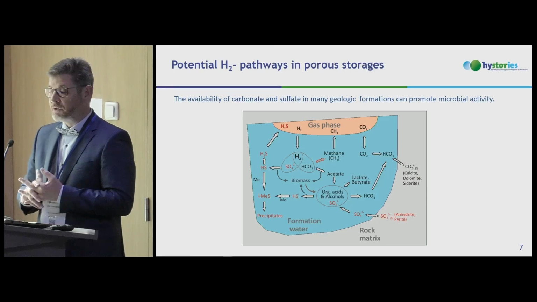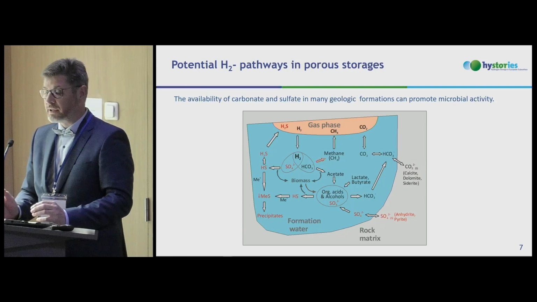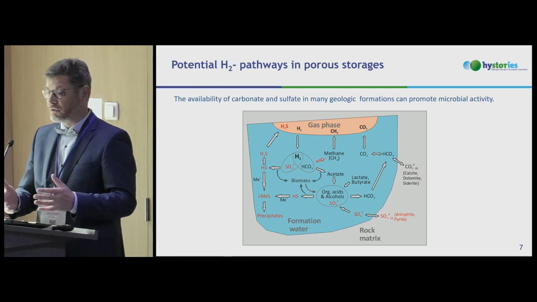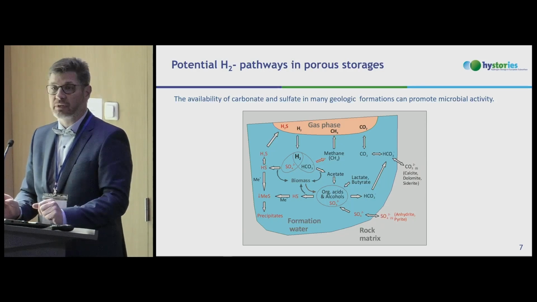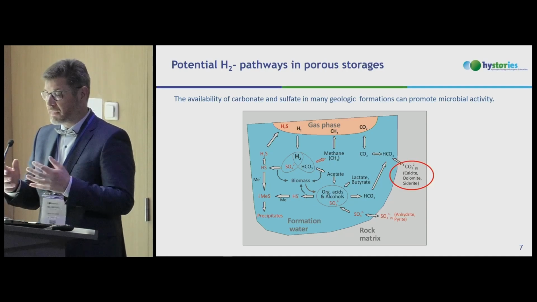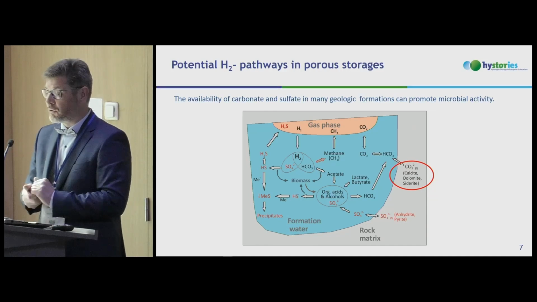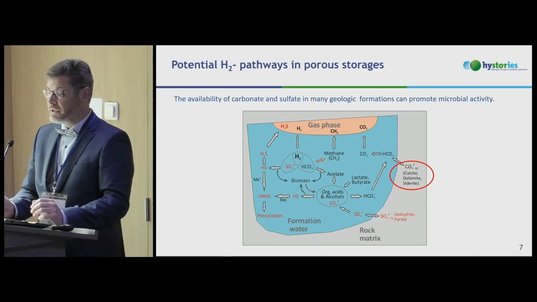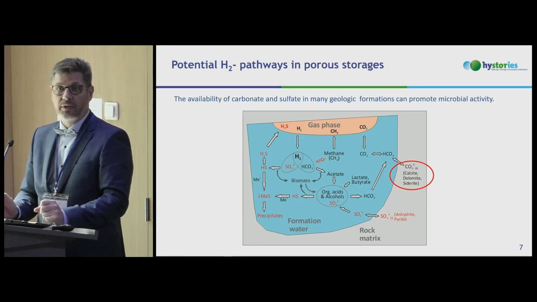Since hydrogen can only serve as an energy source for the microorganisms, other components as carbon sources and electron acceptors must be available in the liquid phase. Calcite, dolomite, and siderite are common minerals of the rock matrix that can release carbonates and other ions when dissolved. These dissolved carbonates can then be converted by the hydrogen-consuming microorganisms.